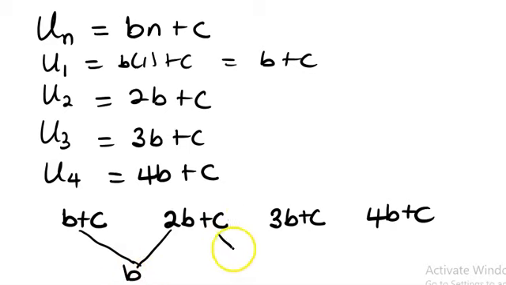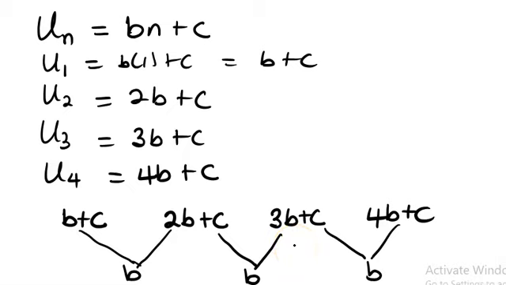Then the difference between these two consecutive terms: 3b minus 2b will give us b, c minus c will go to 0. 4b minus 3b is b, and then c minus c goes to 0. So for a linear pattern, when you take the first difference between any two consecutive terms, the difference is the same.